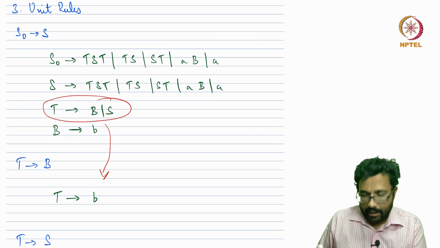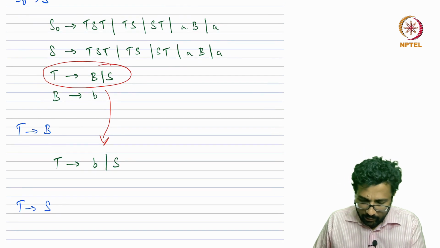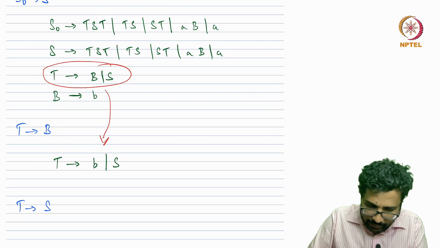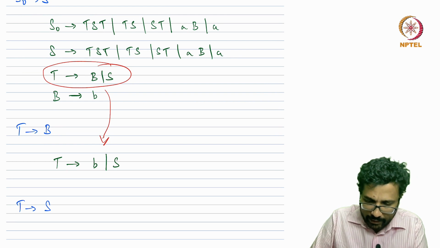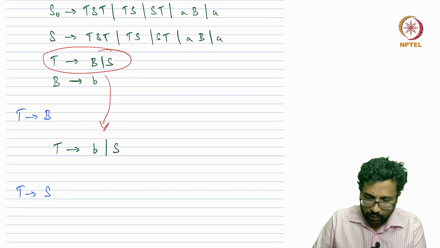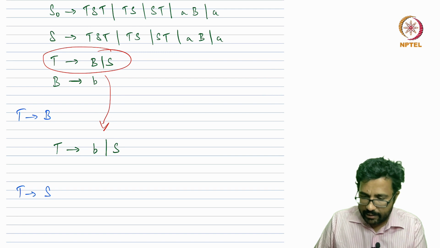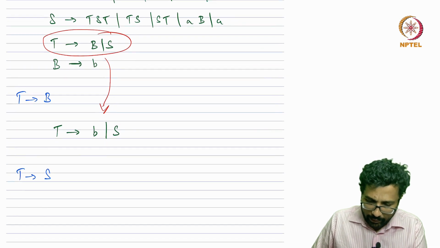We'll remove T gives capital B and we get this. But then the next thing that needs to be addressed is T gives S, right? T gives S. But what all can S yield? S can yield all this TST, ST, AB, all that. So we need to add that as well, right?